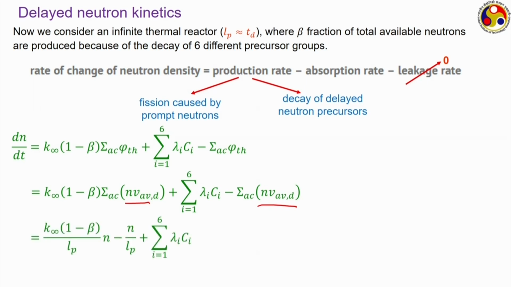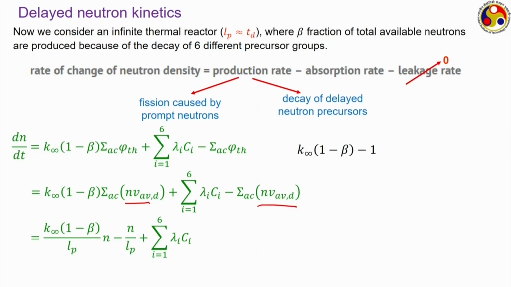And now, we know that LP is equal to 1 upon sigma AC into V average. So, that has been introduced here to replace the product of sigma AC into V average with 1 upon LP. Now, a little bit of mathematics.